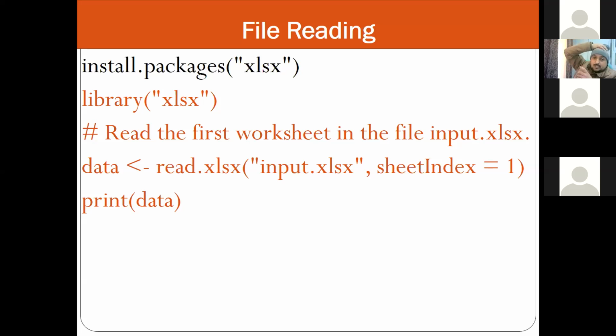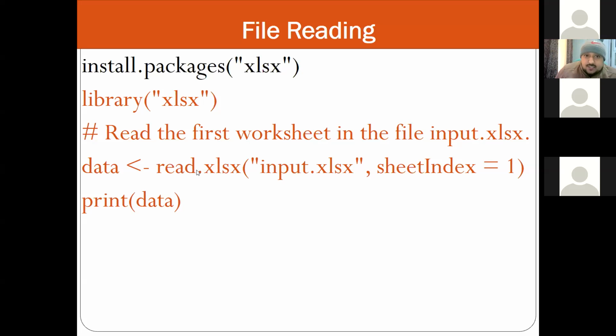After downloading, the package will be installed, and thereafter you load that package into the library. You write library and mention the package name. If it is not taken by default, you have to specify the path.